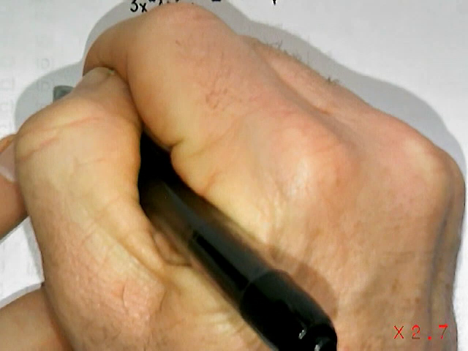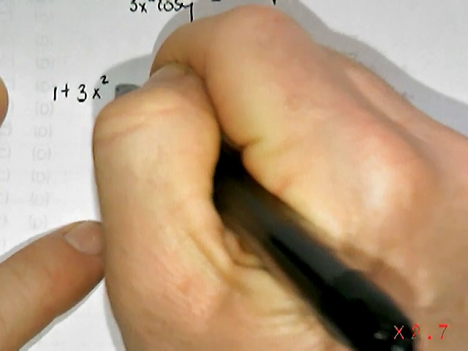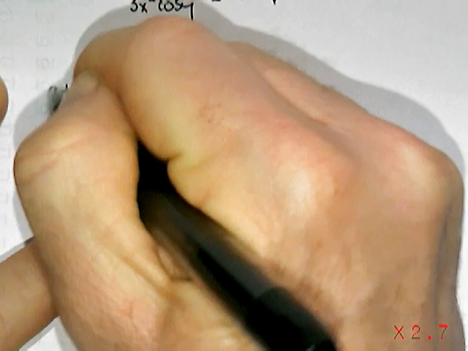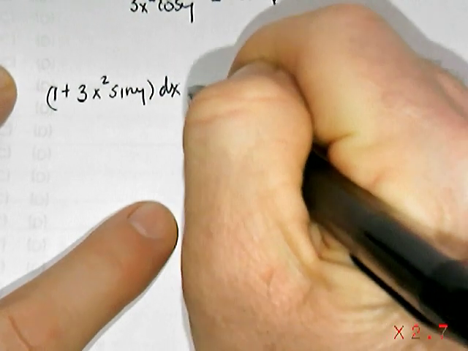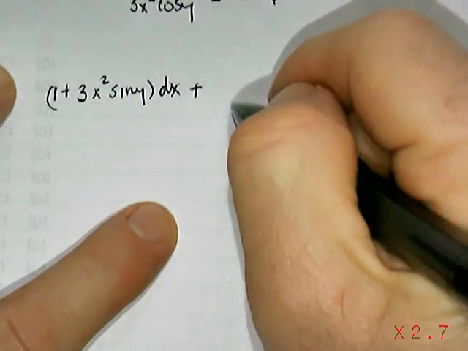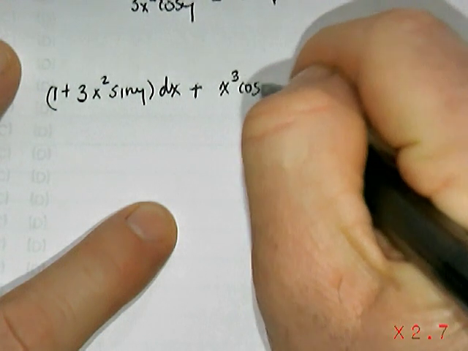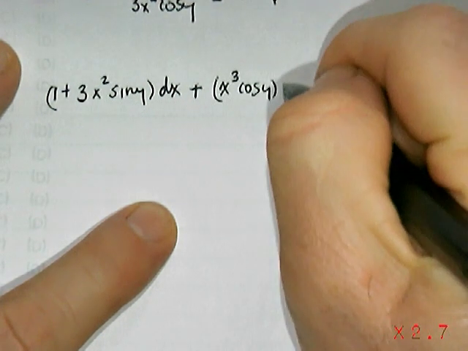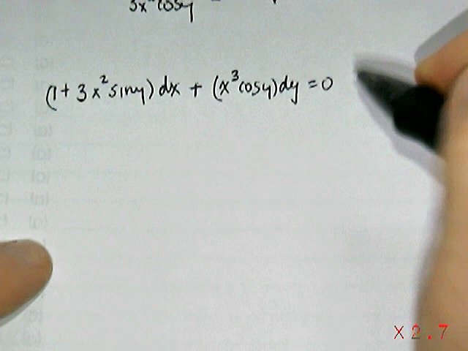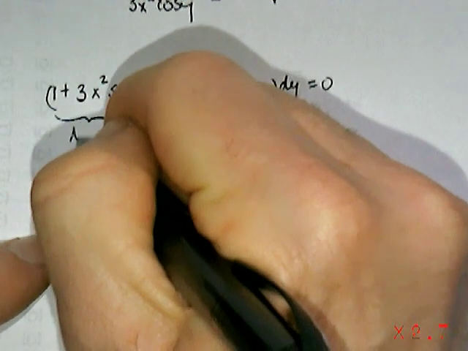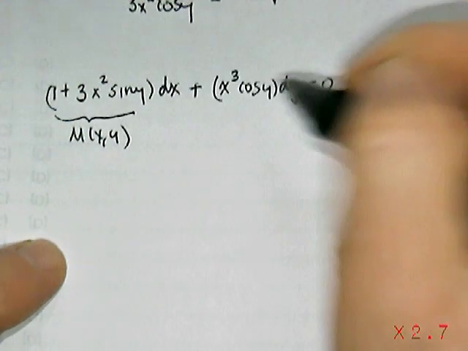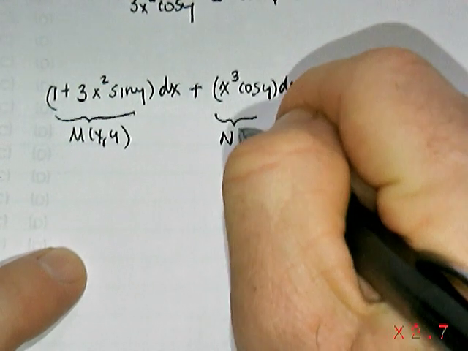So what we've got is this new exact problem: 1 plus the quantity 3x squared sine y dx plus x cubed cosine y dy equals 0. This is our new M of x, y, just repeating what we already had in the notes. This is N of x, y.